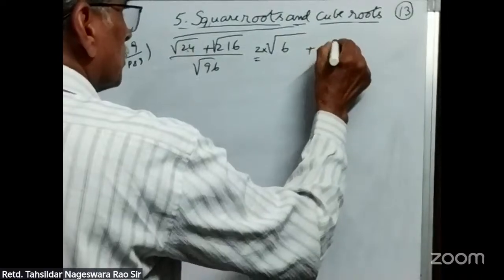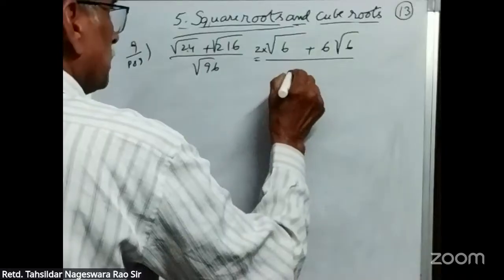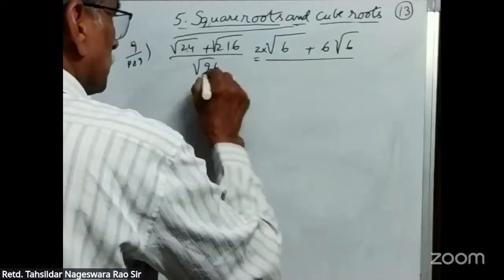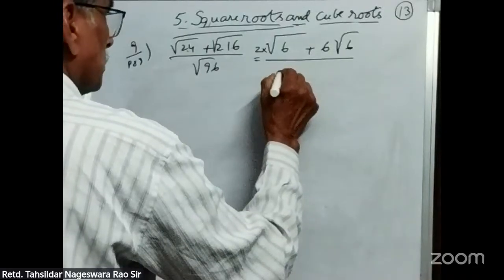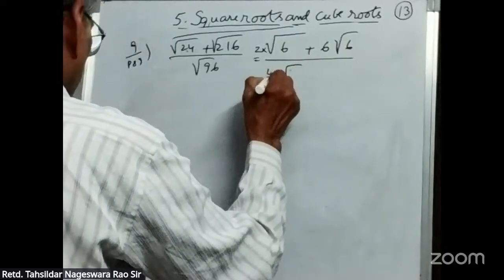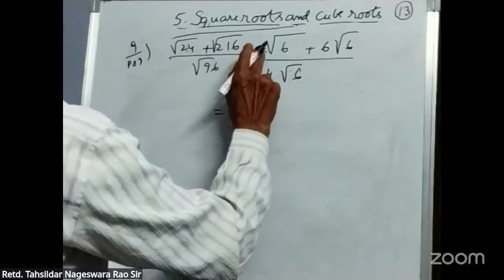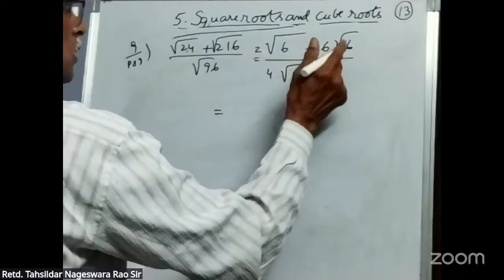36 into 6 gives 6 root 6. And 16 into 6, square root of 16 is 4, so 4 root 6. 2 root 6 plus 6 root 6.